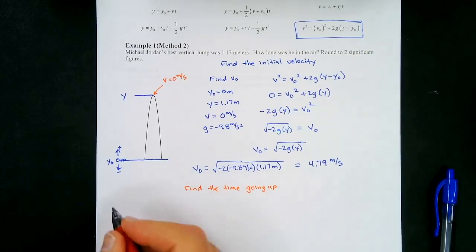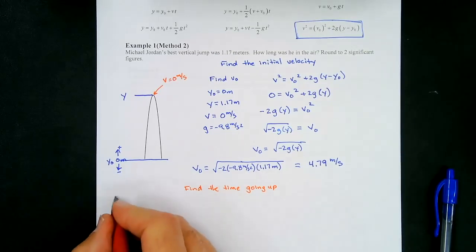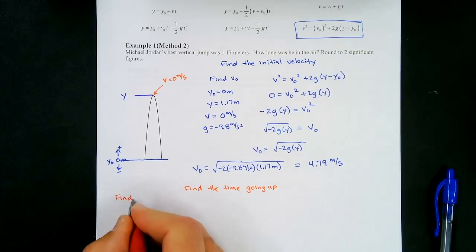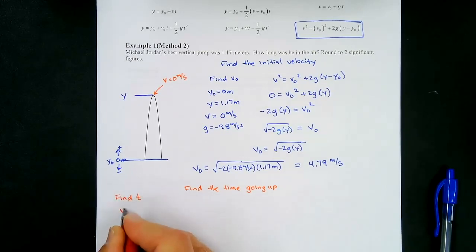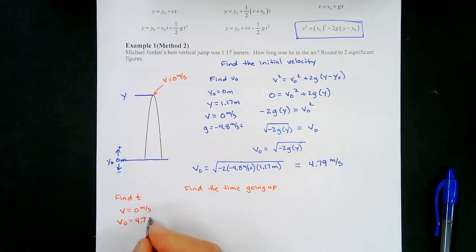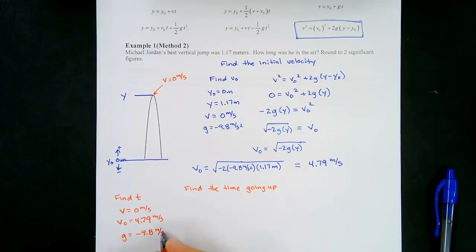And so I'm going to be finding t. And what I know is that v is 0 meters per second. And I know v sub 0 now from this up here is 4.79 meters per second. And I know g is equal to negative 9.8 meters per second squared.